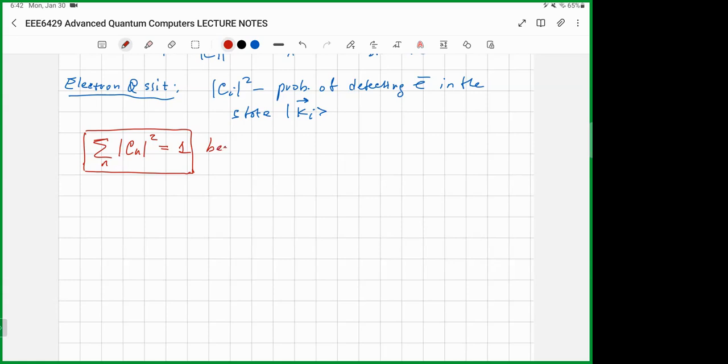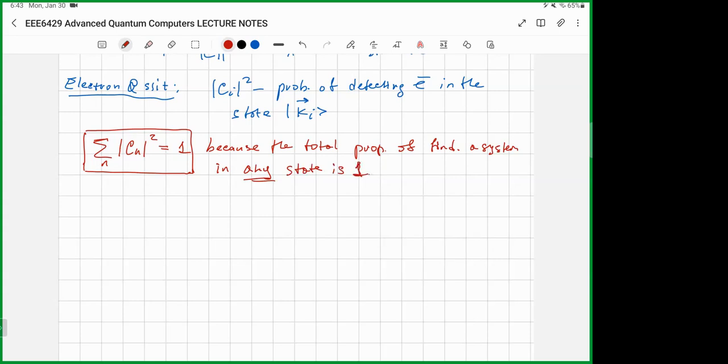Right? So because the total probability of finding a system in any state is 1.